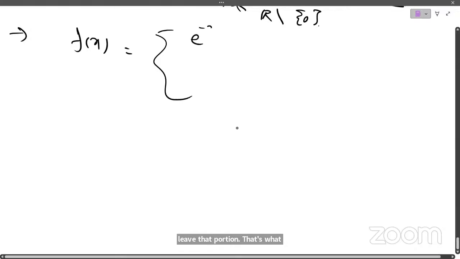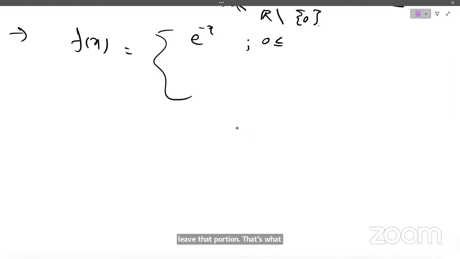Suppose e to the power minus x is defined when minus infinity is strictly less than x is less than 0. At 0, it is 5.